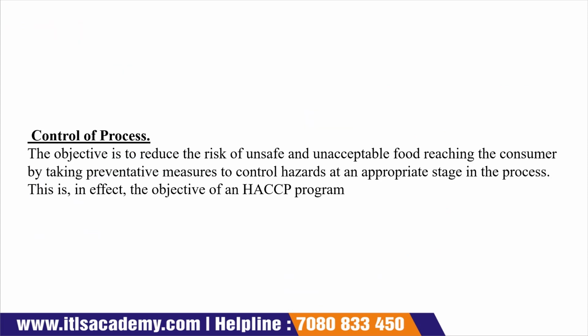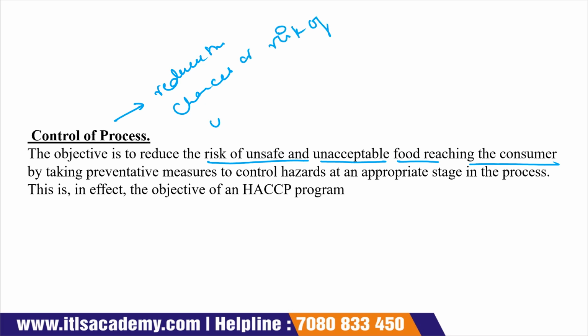Now the next is your control process. The main objective of the control process is that it will reduce the risk of unsafe and unacceptable food reaching the consumer. What is unsafe or unacceptable food?